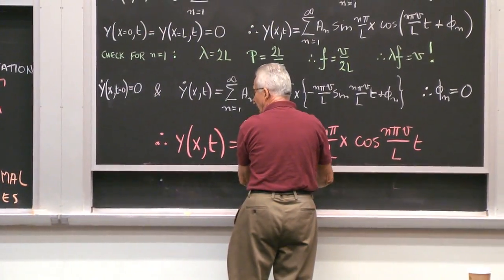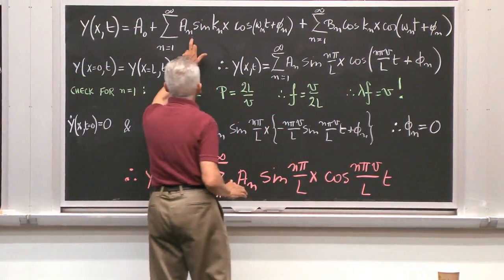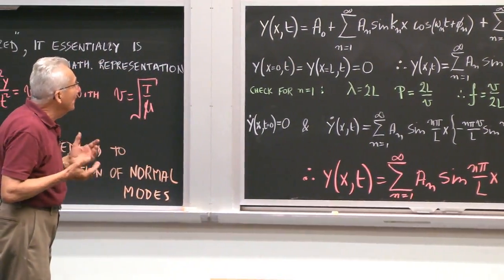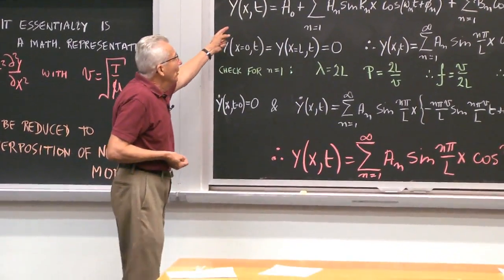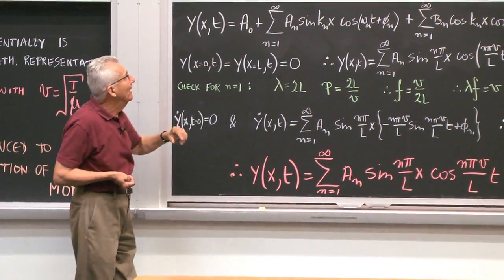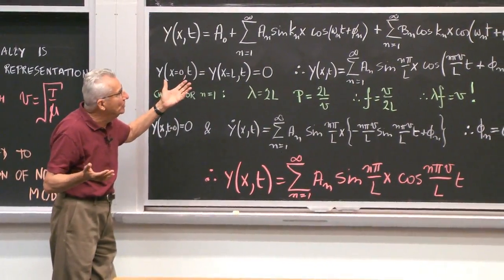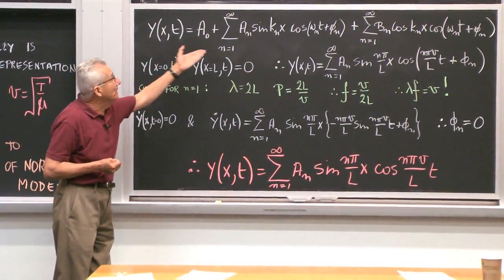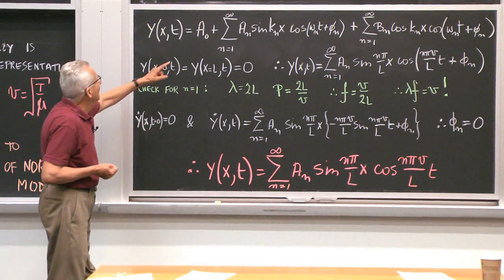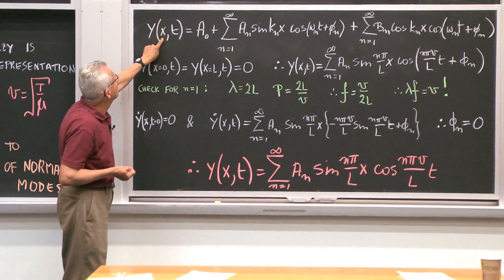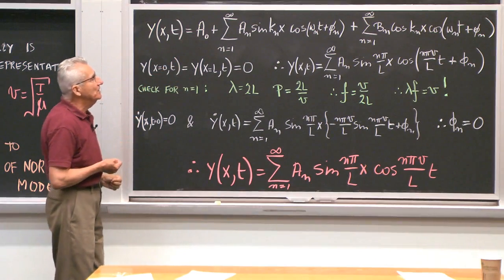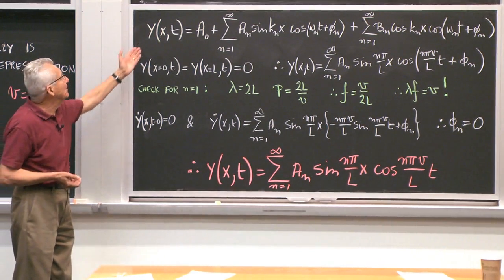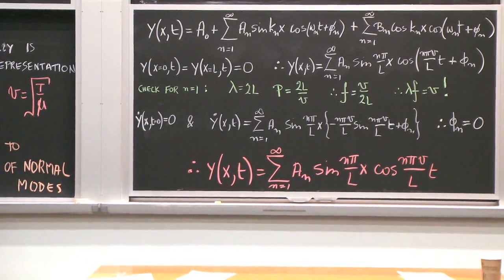So I've written for you here a completely general solution for a string, and you can write it, as I said, as a superposition of an infinite number of normal modes. Pretty complicated. It tells you at every position on the string and at every time what the displacement is. You can calculate the transverse velocity by differentiating it, etc. This tells you everything about the oscillations of a string.